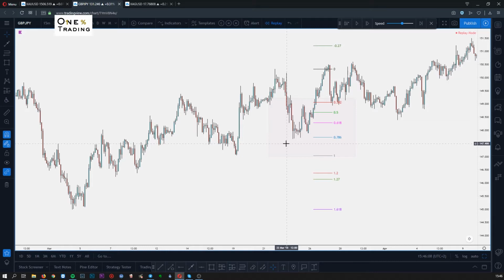No, it doesn't, because we have this A, B, so we're looking for our point C before moving to the upside. So if the price came, let's say, only to here, you would say, okay, this is confluence 0.382.